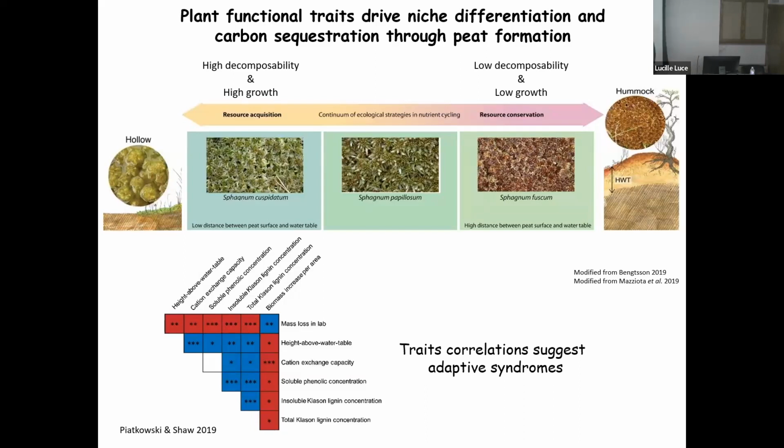And we did a meta-analysis, a former grad student of mine and I, of a number of metabolic and biochemical kinds of traits. And you can see these are correlated traits, suggesting that there's a whole adaptive syndrome, if you will, that underlies this hummock-hollow microtopography within sphagnum.